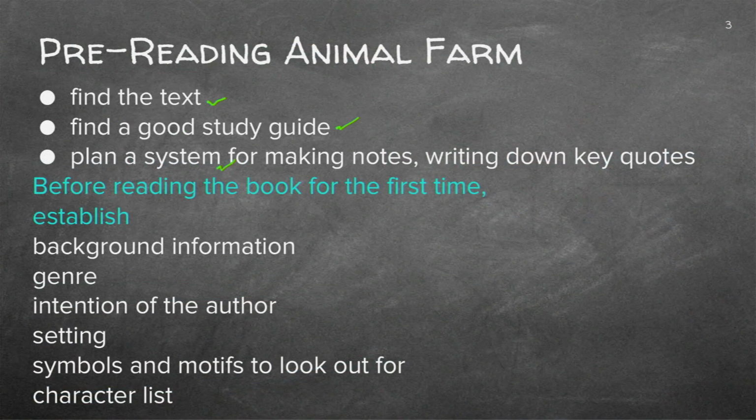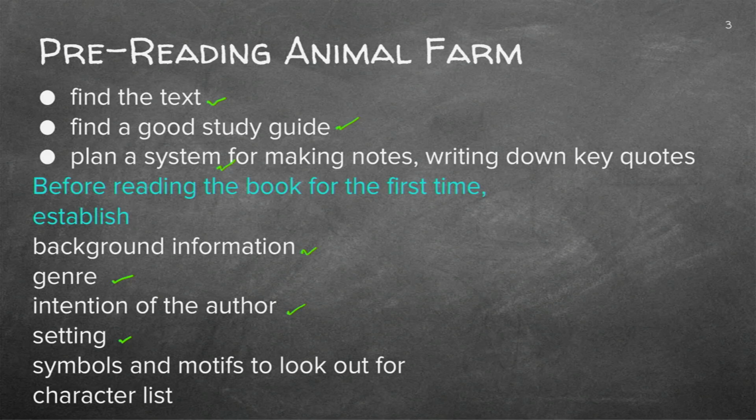So before reading the book for the first time, as I've mentioned before in aspects of the novel, make sure that you know about the background information, about genre, what genre you are talking about, what the author intended to share with you. Tell me what the setting is all about.